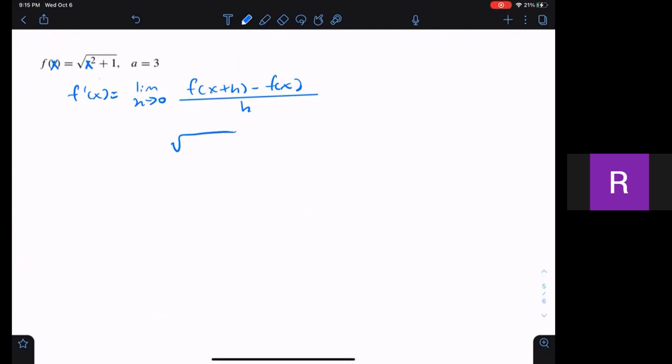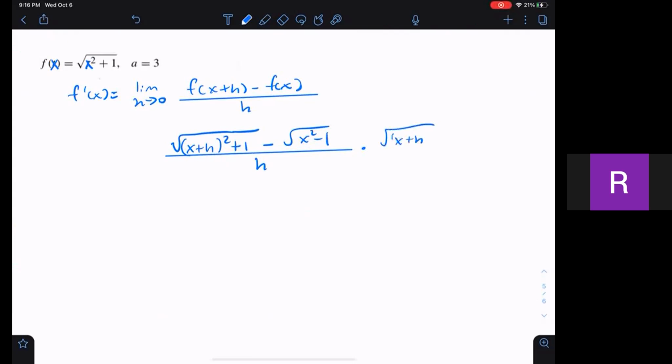So that's going to be the square root of x plus h to the second power plus 1, minus the square root of x squared plus 1, over h. That means I can multiply by the conjugate: the square root of x plus h to the second power plus 1, plus the square root of x squared plus 1, over the same thing, right?